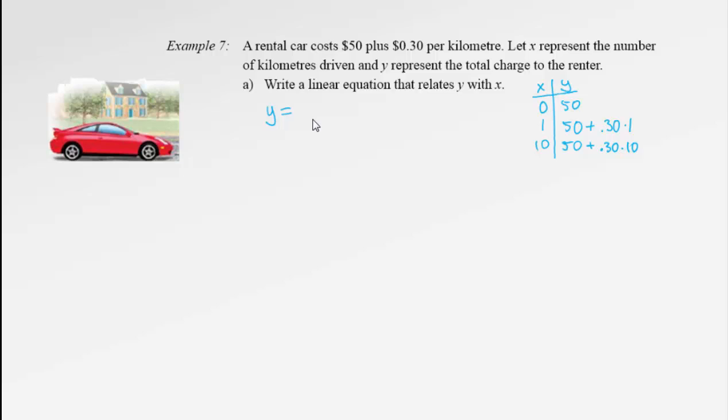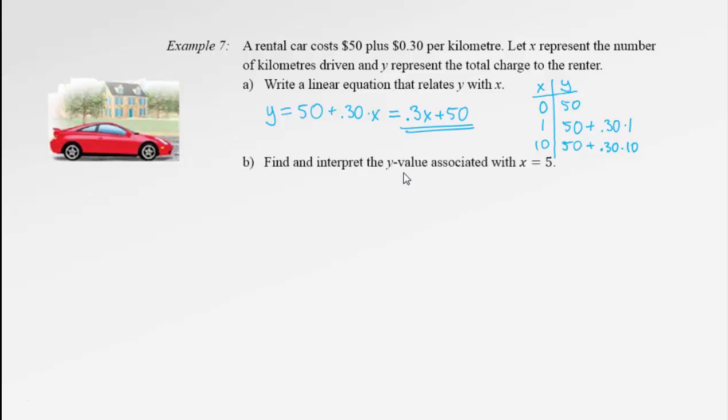So looking at the pattern, our formula should be $50 no matter how far we drive, and then 30 cents times the number of kilometers, so 0.3 times x. To rewrite this in slope-intercept form, we can say y equals 0.3x plus 50. That will be our formula for the linear relation of y with x.